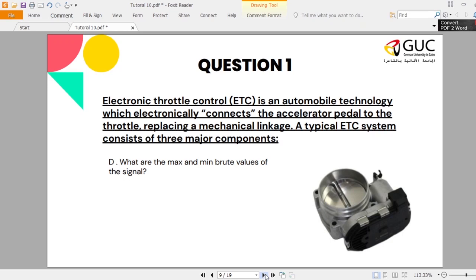Next, what are the maximum and minimum raw values of the signal? The raw values are the total values based on the number of bits that we just had. The number of bits that we have is 12 bits, right?